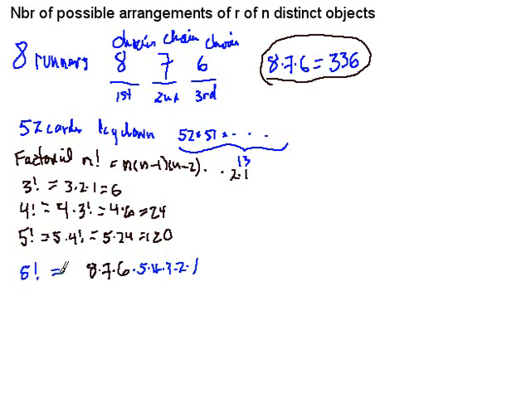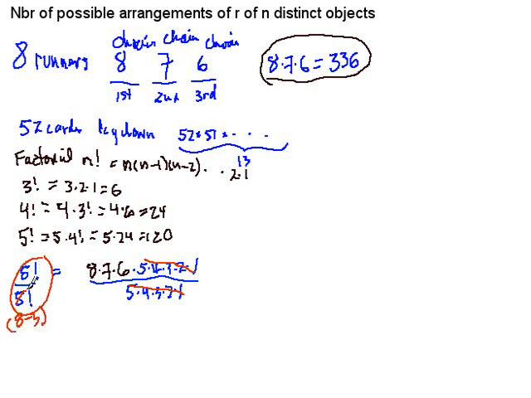All right, but the problem is we then multiplied the original number we were after by a whole bunch of stuff. Well, what if I divide it by the same stuff that I multiplied by? So 5 times 4 times 3 times 2 times 1. And notice that still has the form of a factorial. So if I divided this by 5 factorial, then notice what we've come up with. I mean, this stuff just cancels out. So our product, 8 times 7 times 6, could just be written as 8 factorial divided by 5 factorial. Well, where did I get the 5 here? The 5 is just 8 minus 3.